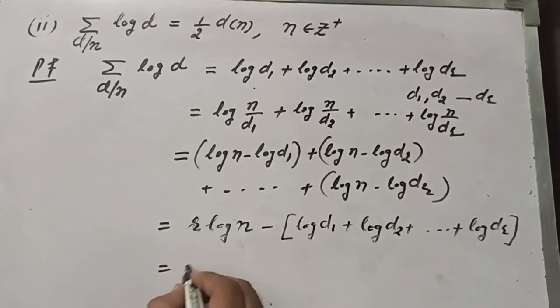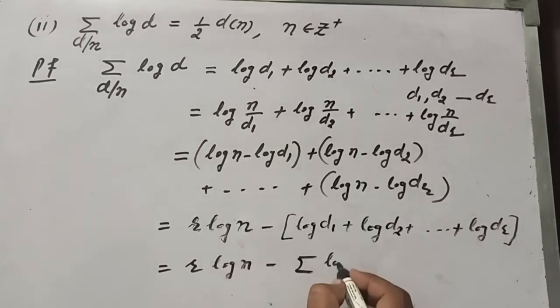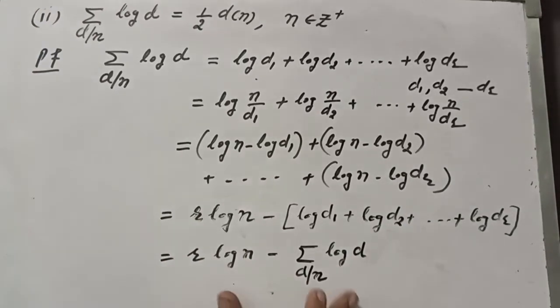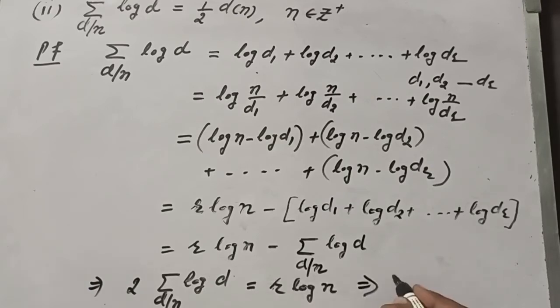So this is r logarithm of n minus the summation of logarithm of the divisors d dividing n. Now switch this to the left hand side. Twice the summation of logarithm of d over d dividing n is equal to r log n, and this implies the summation of logarithm of d over d dividing n is equal to r logarithm of n by 2.